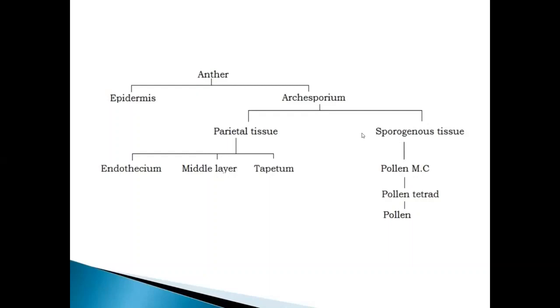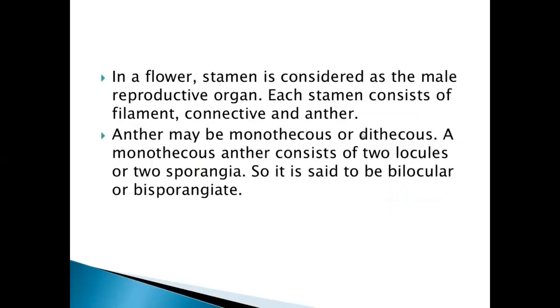The outer parietal tissue consists of 3 sublayers: endothecium, middle layer, and tapetum. The internal sporogenous tissue consists of pollen mother cells, pollen tetrads, and pollen grains. So this is completely the flow chart of the anther structure.